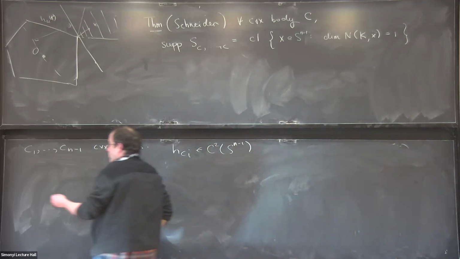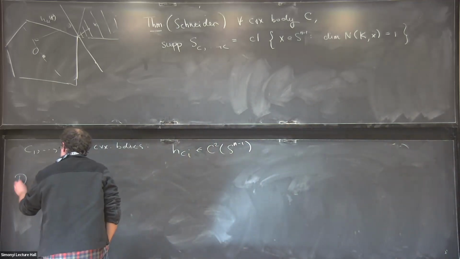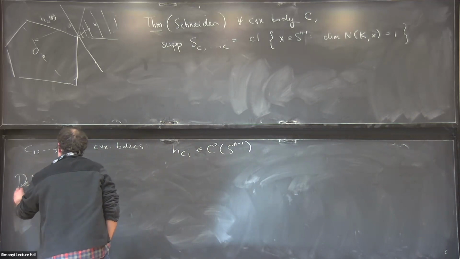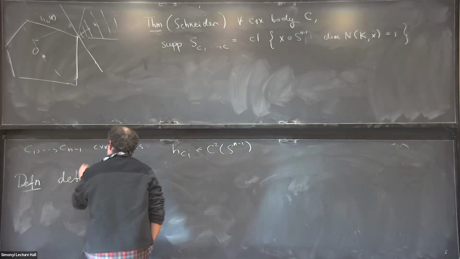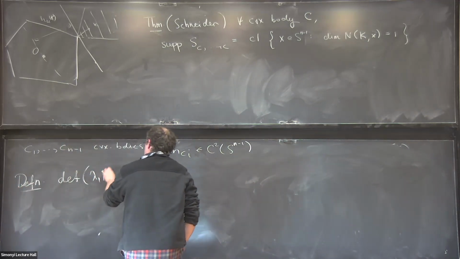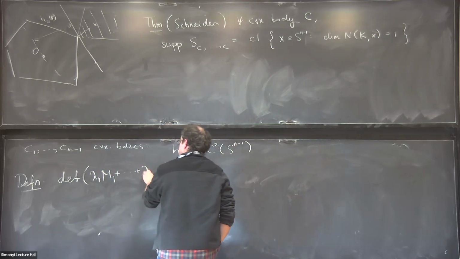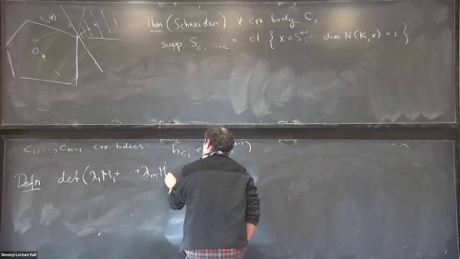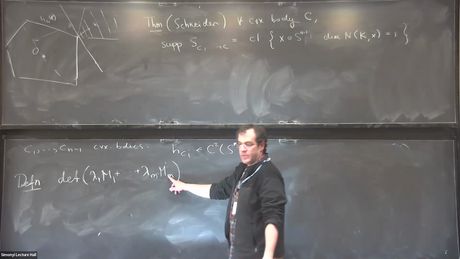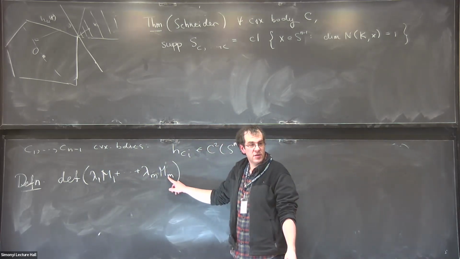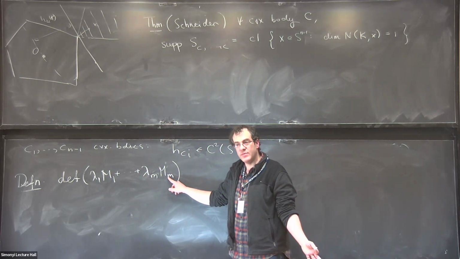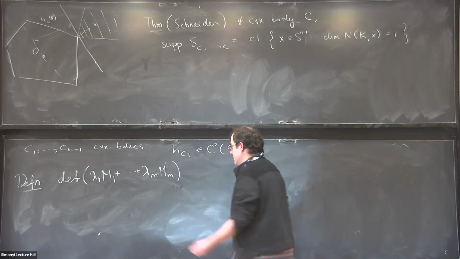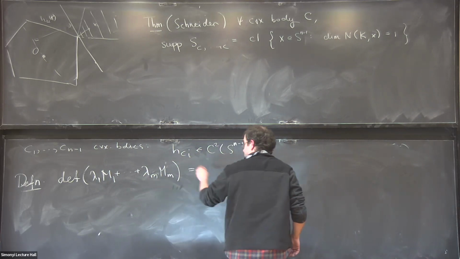For this, I need a definition. If I take the determinant of a linear combination of a bunch of matrices, so these are n-1 by n-1 dimensional matrices, the determinant of an n-1 dimensional matrix is a homogeneous polynomial of degree n-1. So I can just polarize the determinant.